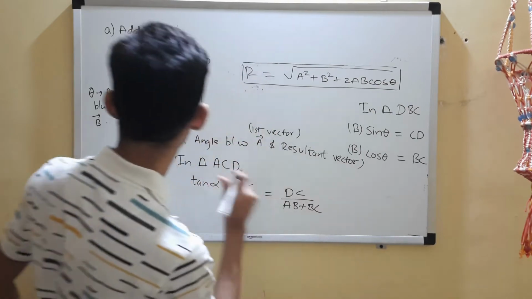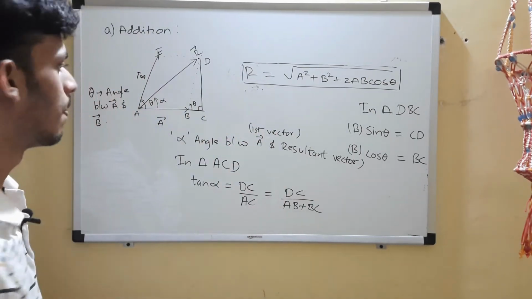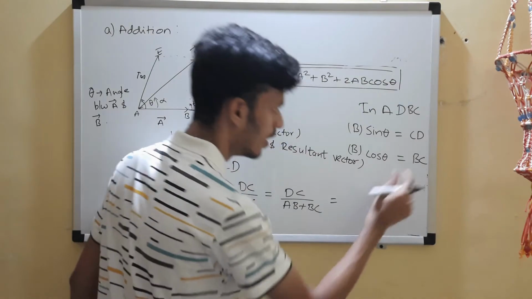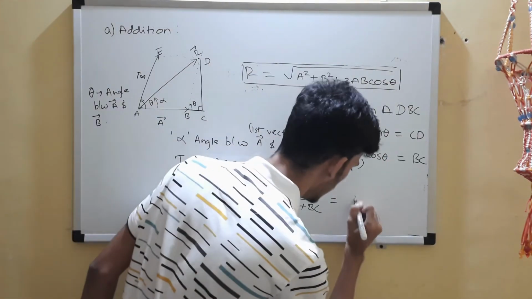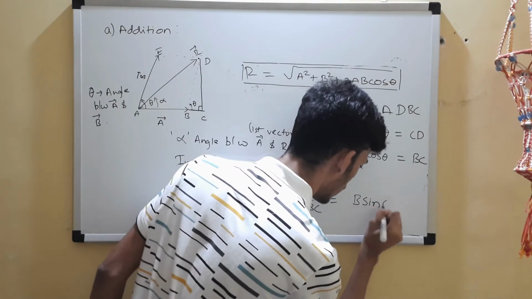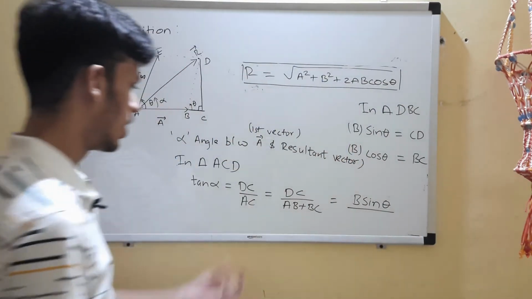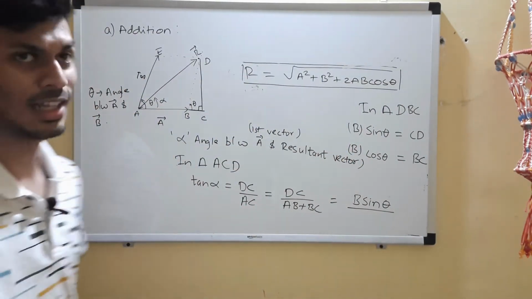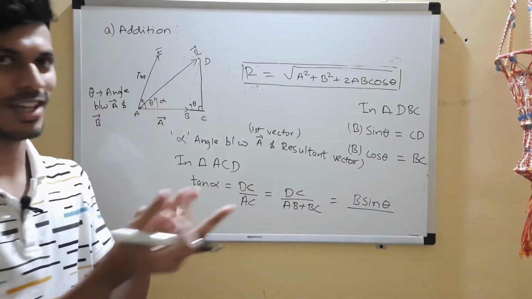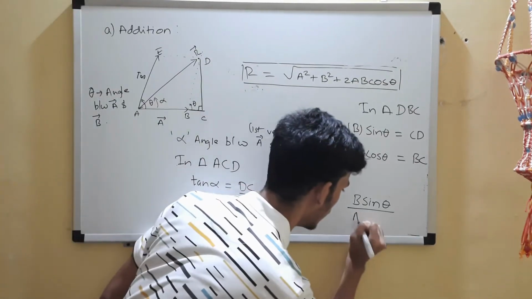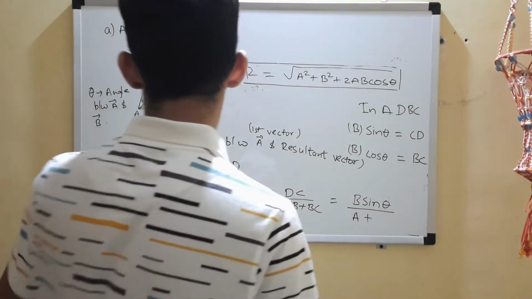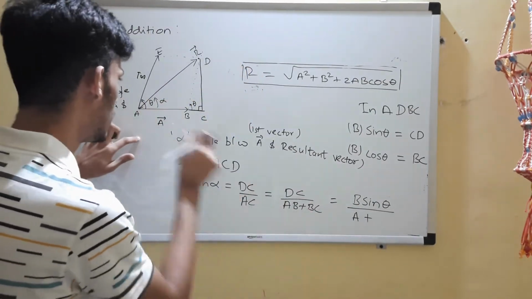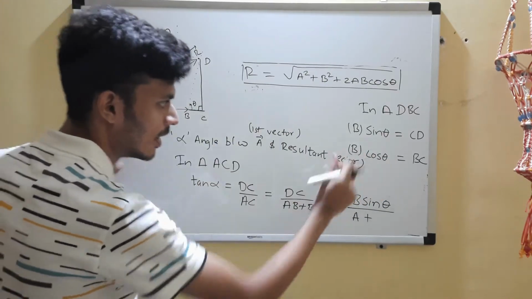DC is B sin theta. AB is the magnitude of A, which we wrote as A. And BC is nothing but B cos theta.